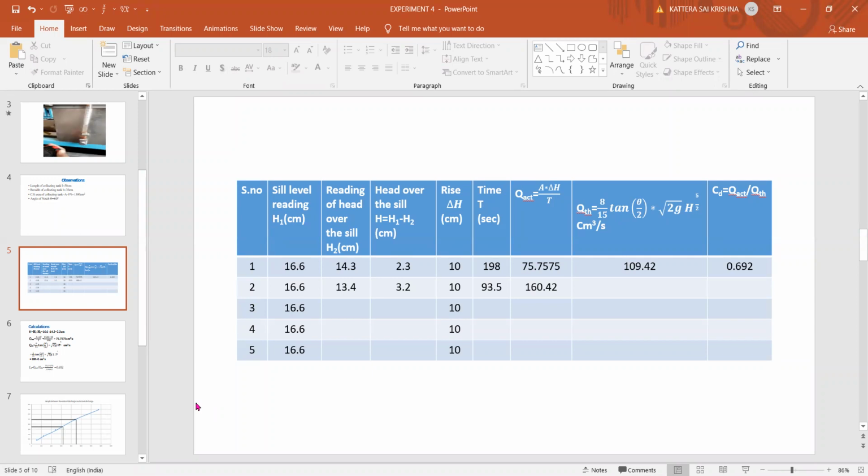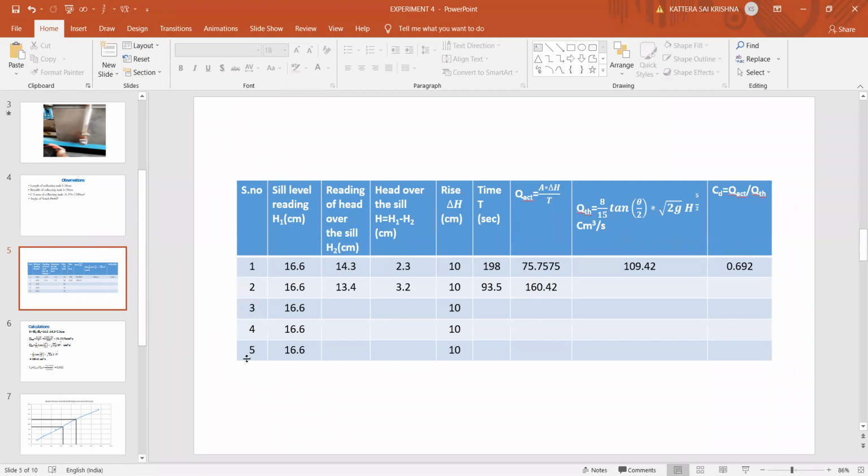318 Swarnasri. Yes, madam. Please tell me the value of Q theoretical. Calculate it and tell me. Okay, sir, one minute, sir.